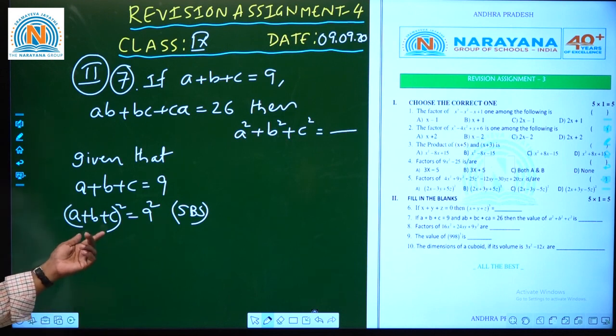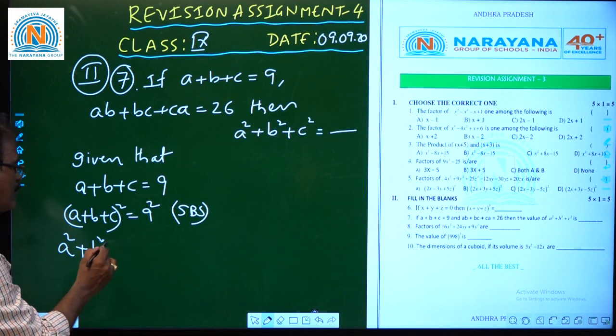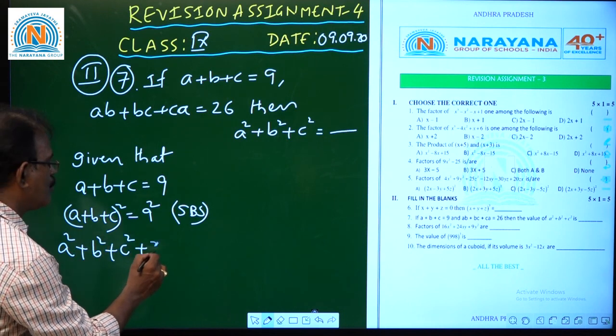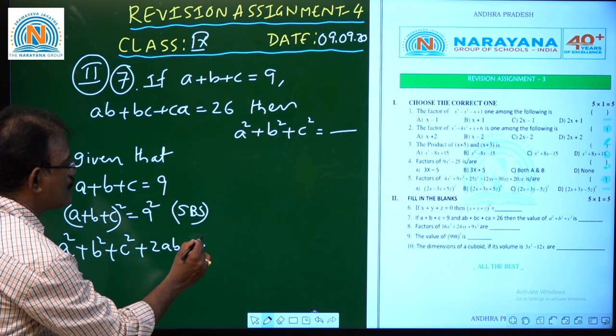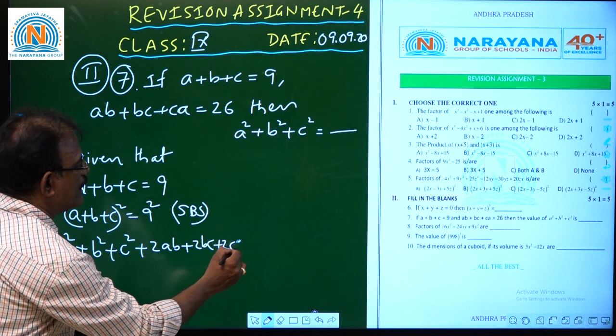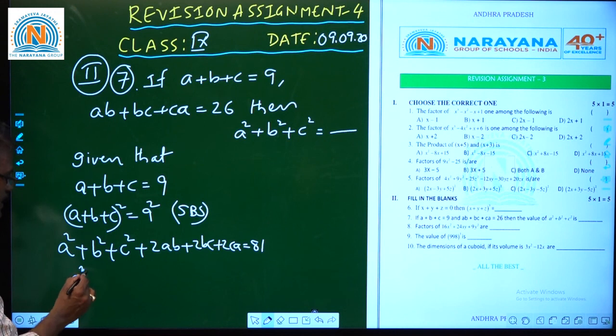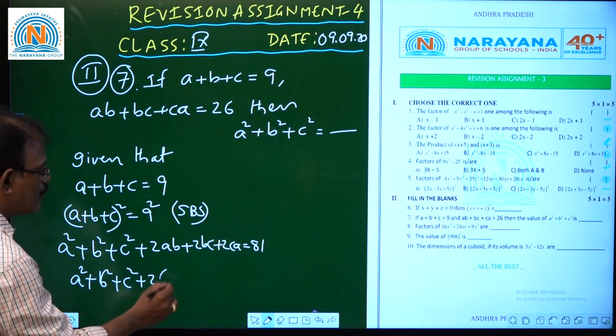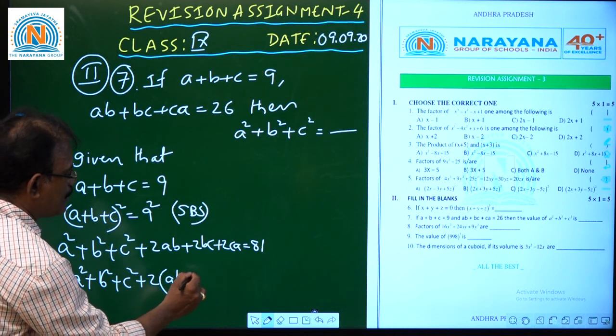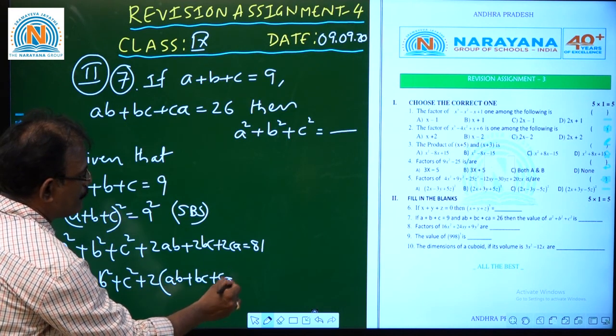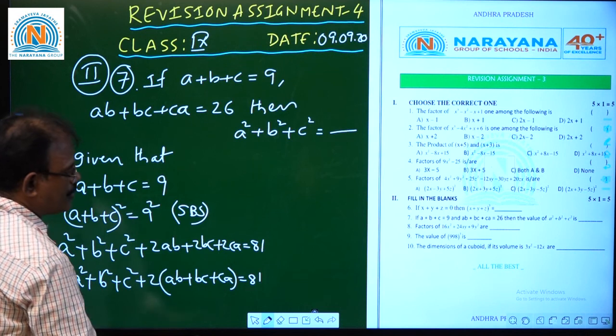Just now we discussed the formula in our previous question: a square plus b square plus c square plus 2ab plus 2bc plus 2ca is equal to 9 square, which means 81. So a square plus b square plus c square plus 2 times (ab plus bc plus ca) is equal to 81.